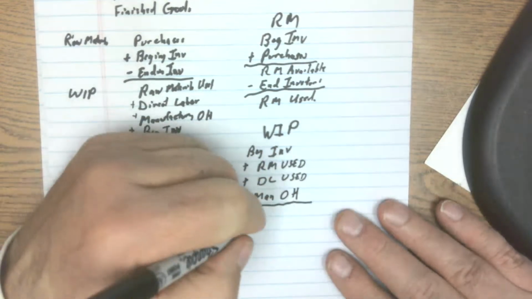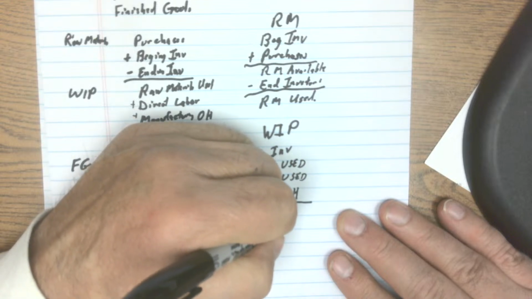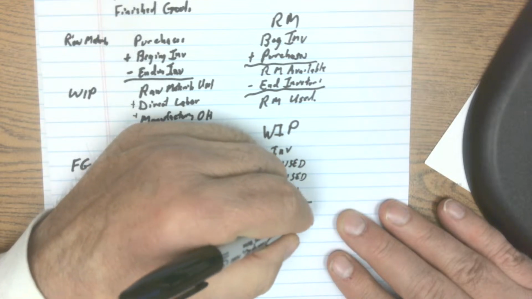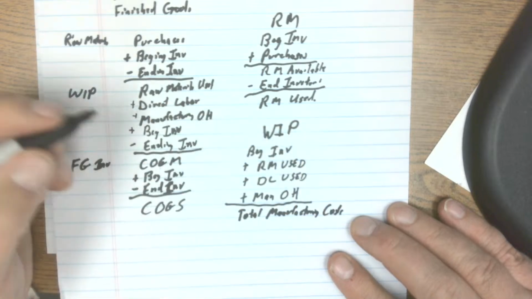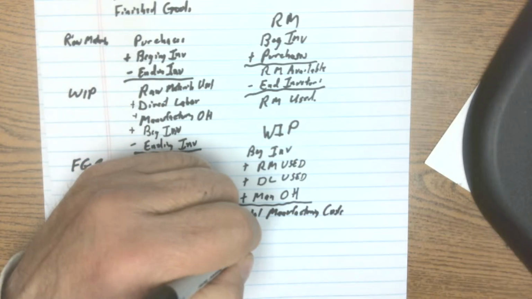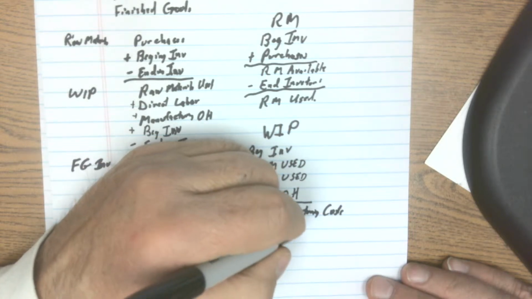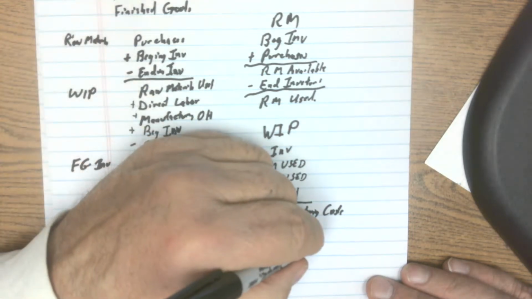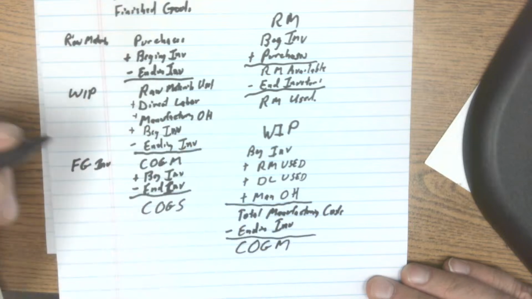That gives me an interim number known as total manufacturing costs. Then subtract off the ending inventory. Gives me the cost of goods manufactured.